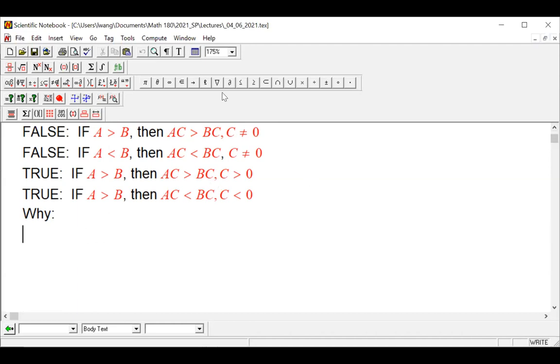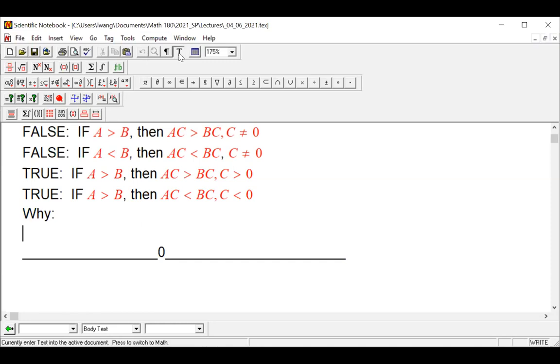Look at the number line. Okay, look at the number line. Look at the number line. Okay, this is my number line. Okay.